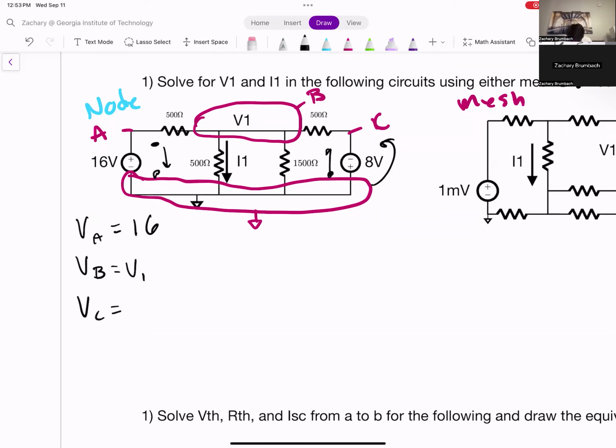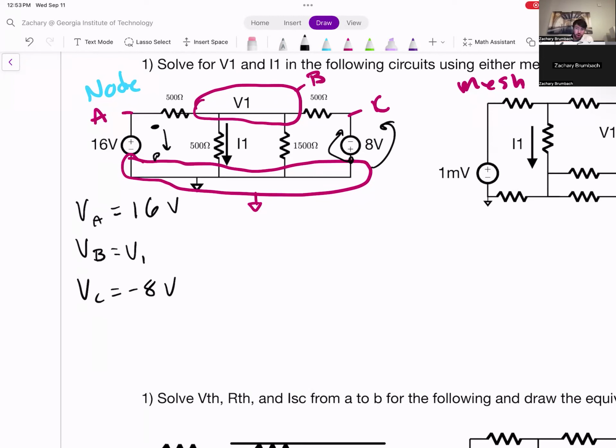Here, the difference is 8, and we're going backwards, so this is minus 8. You can also just note that from the negative being pointed up. So VC is negative 8 volts. Okay. So hey, we have two of three nodes. That looks pretty easy so far.